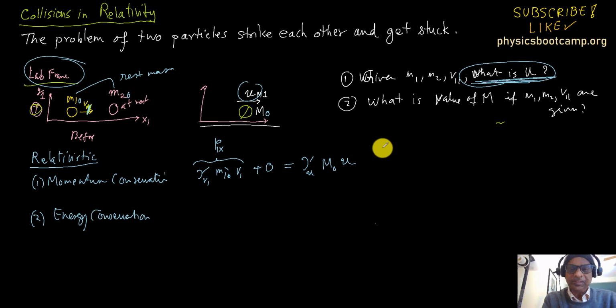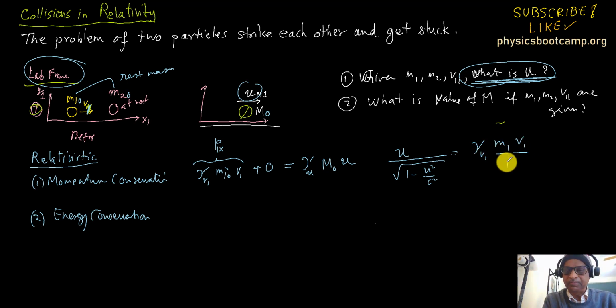Well, put the m0 on the other side. So we have u over the square root of 1 minus u squared over c squared equals gamma of v1 m1 v1 over m0.